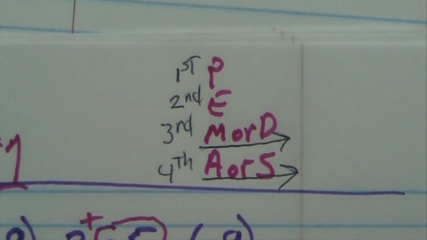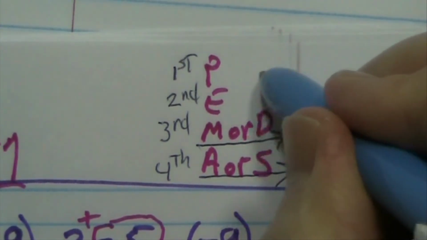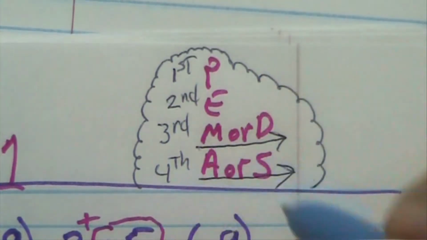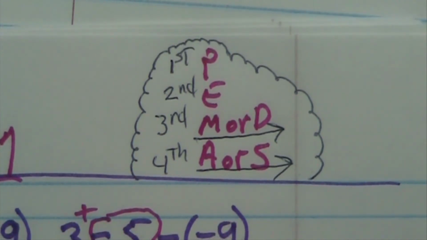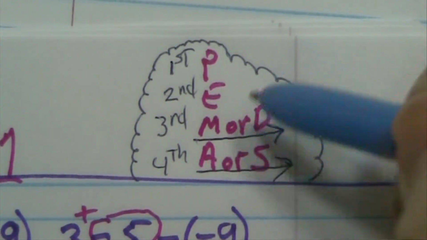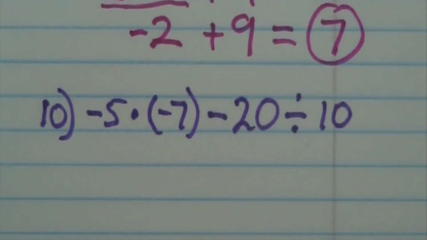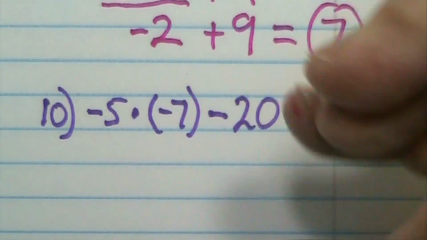Okay, now let's go to our problem. We don't have parentheses or exponents, but there is multiply or divide, add or subtract. So now we go to here. All right, so notice the operations. There are 3 of them.